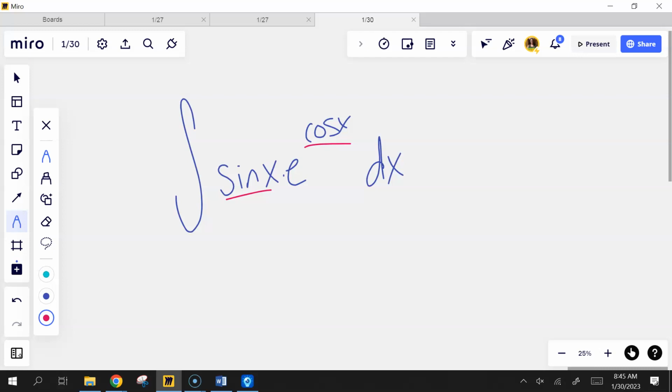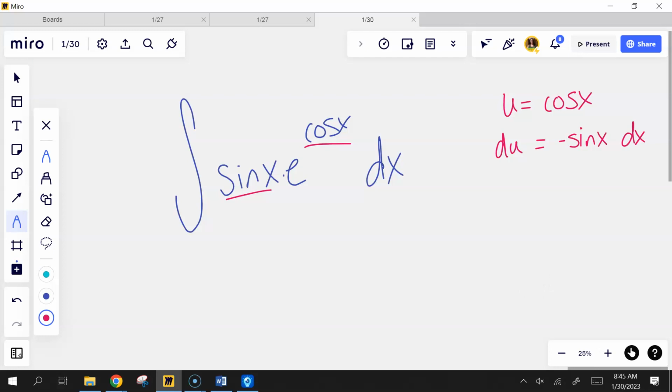Yeah? Okay, so what if I said, well, I might not be able to take the derivative of this, but what if I let some variable be cosine x? I call that variable u. What would du be? And I have to follow with the dx, right? Because I'm taking the derivative with respect to another variable. Now could I rewrite this using my u's?